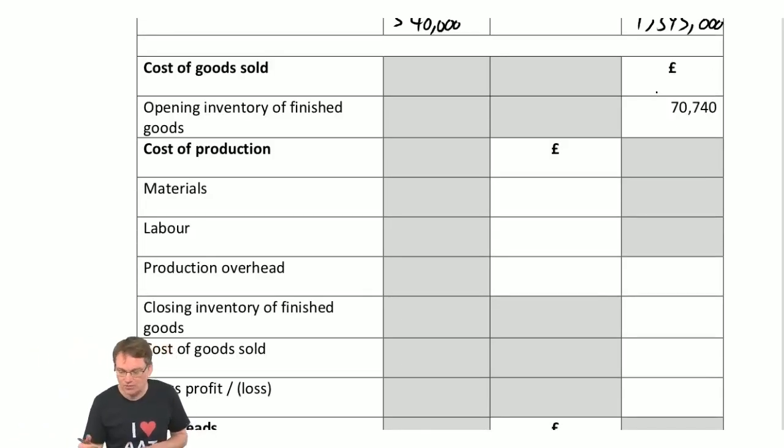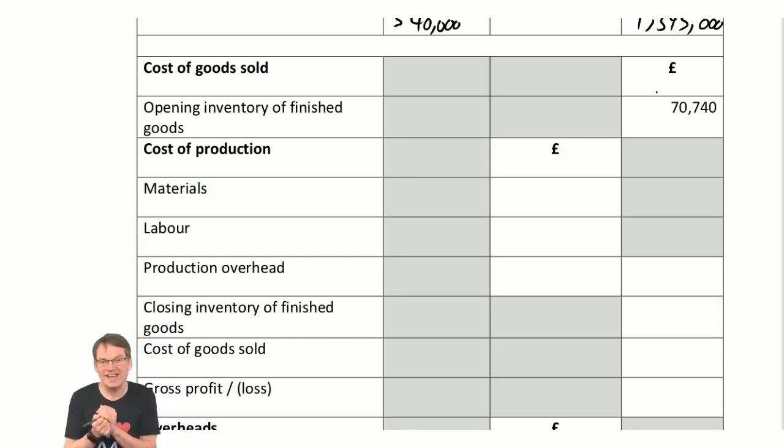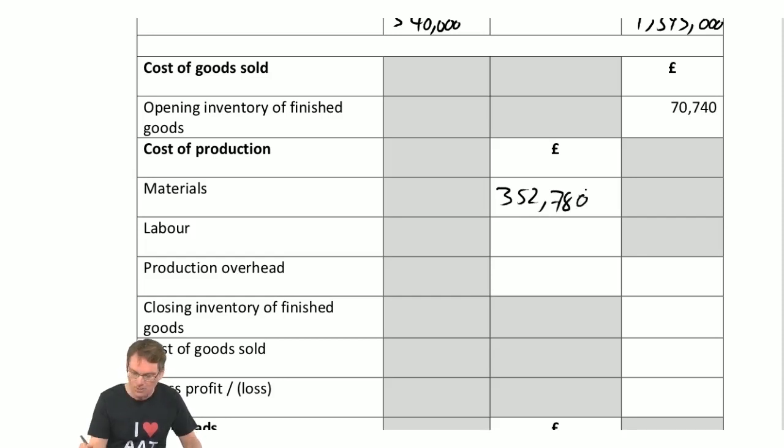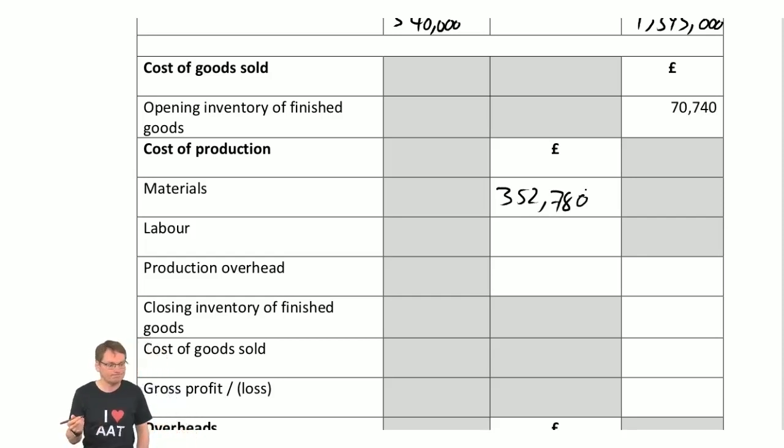The opening inventory we're already told. Cost of production, well, these are the three figures that we've just worked out. So we have worked out the materials, so the cost of production was 352,780. That was the materials we used in production.